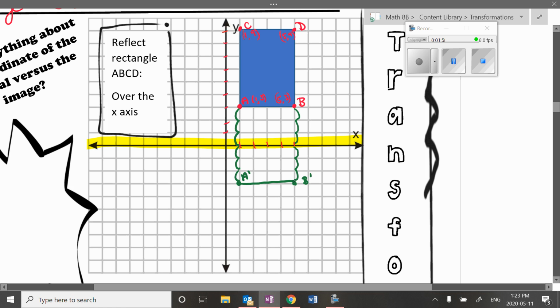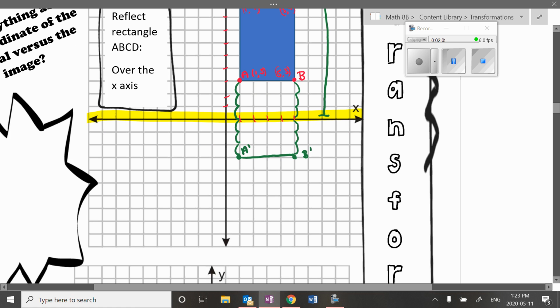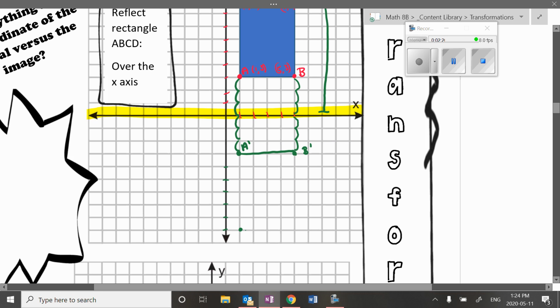So I can connect those two lines. C and D are currently 9 above our axis. So if I mirror it over that, it's going to be 9 below. So this is going to be C prime and then D prime.